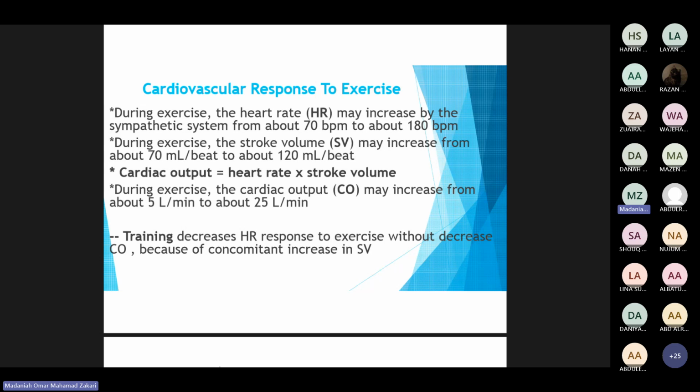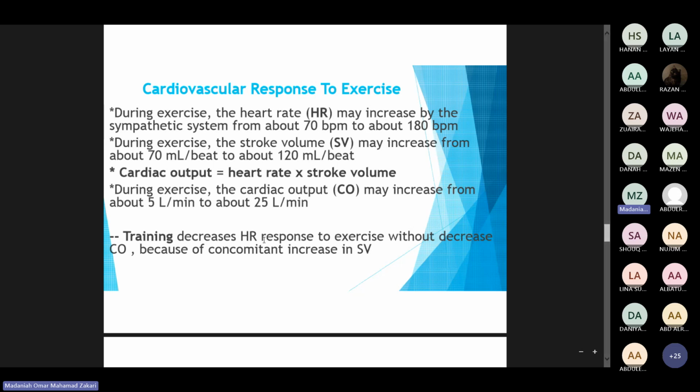Cardiac output is equal to the heart rate multiplied by the stroke volume. If we think about exercise, cardiac output may increase from about 5 liters to 25 liters per minute. We know that trained individuals and athletes have a lower heart rate. If you remember the case with the lower heart rate, you have it in CRF.